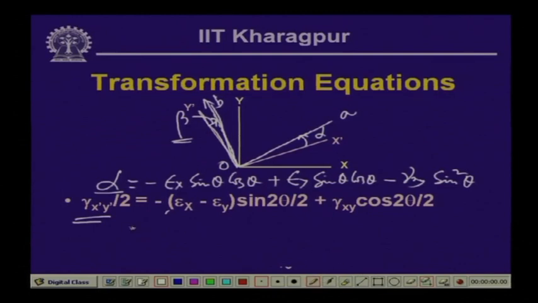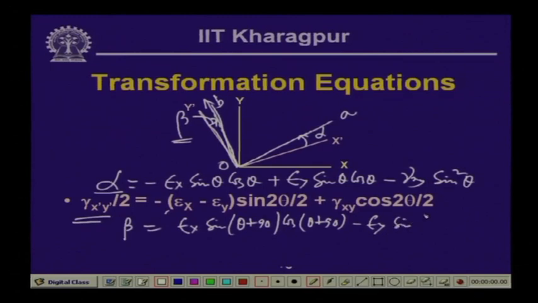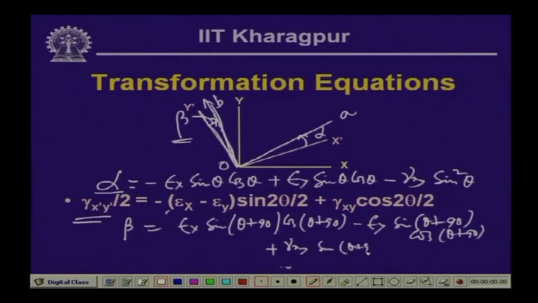now writing down for beta, which is negative of this because in a clockwise direction it is going. So, it is epsilon x sin of theta plus 90 cos of theta plus 90 minus epsilon y sin of theta plus 90 cos of theta plus 90 plus gamma x y sin of theta plus 90 square.